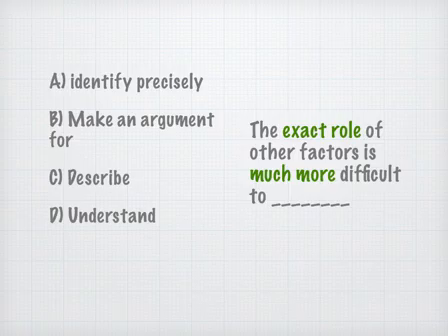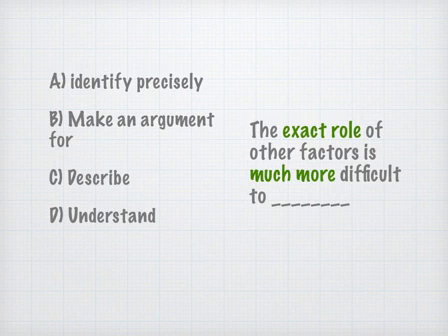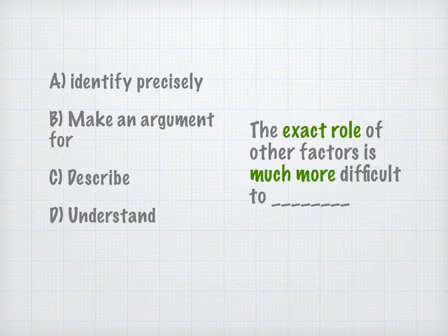Describe. The exact role of other factors is much more difficult to describe. Again, if we go back to the paragraph, it actually goes into quite a lot of detail describing the other factors. So I think that we can get rid of option C here as well. And option D, understand.